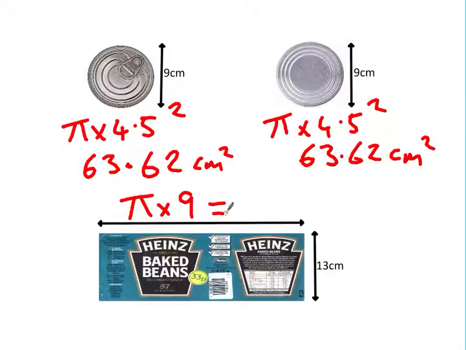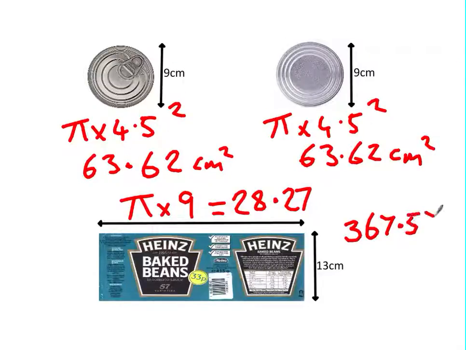So if I do that, we get 28.27. So this rectangle is going to be 28.27 multiplied by 13, and we get an answer of 367.57 centimeters squared.